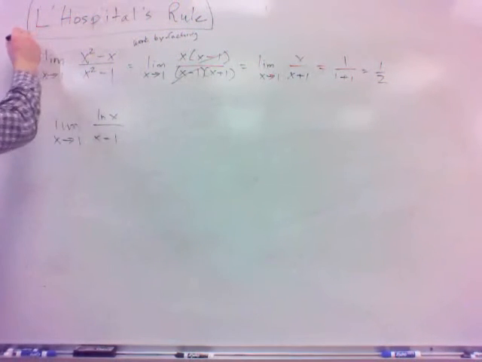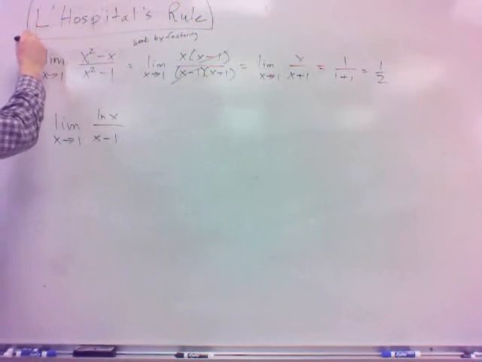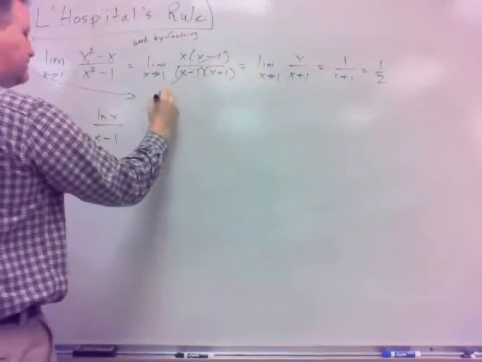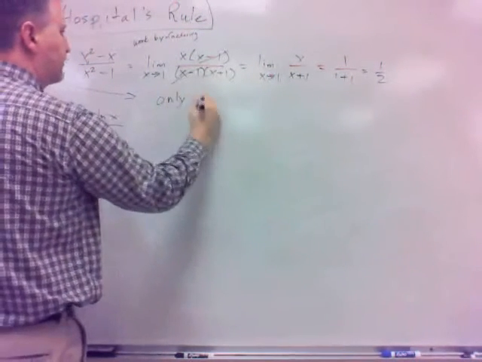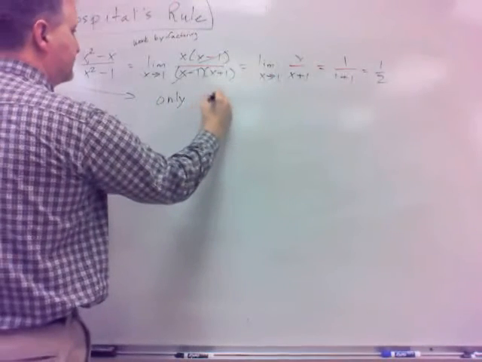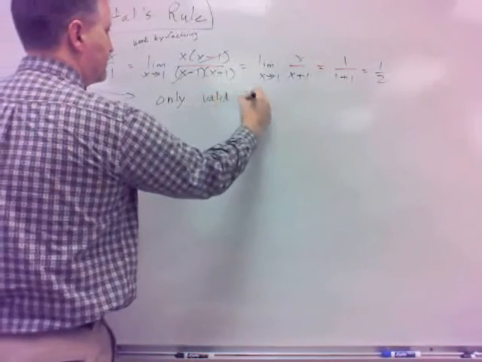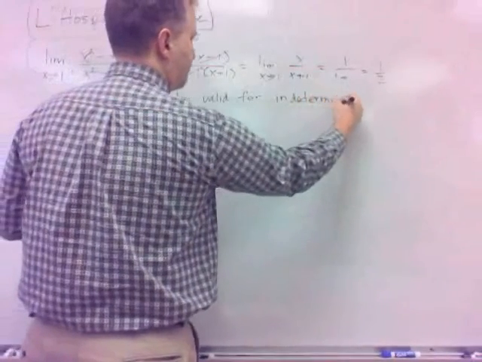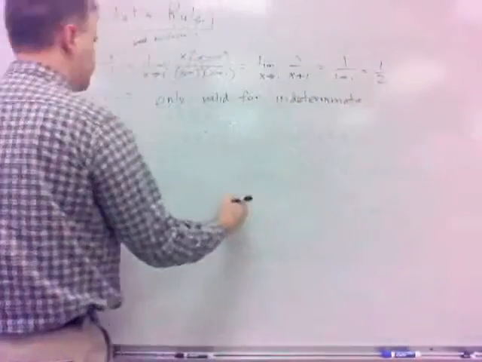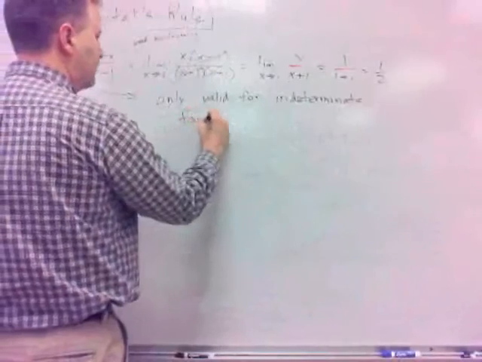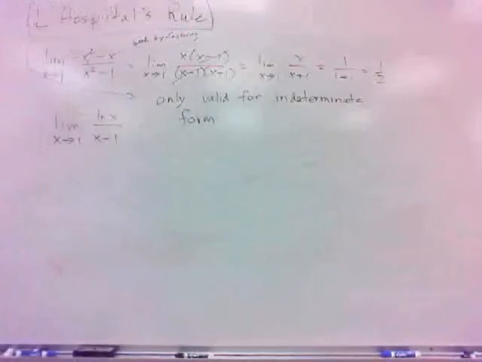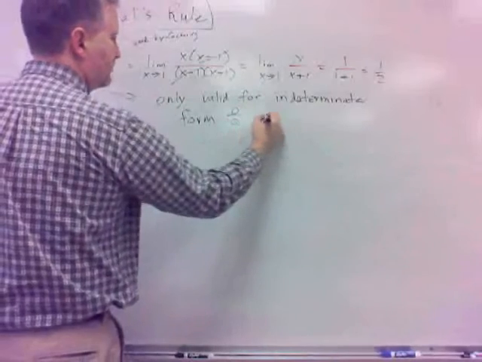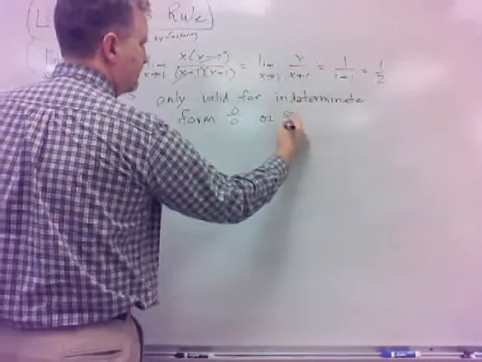L'Hôpital's rule is actually going to be valid only for certain indeterminate forms. We haven't talked about these yet, but there's two types. It's valid for the indeterminate form 0 over 0 or infinity over infinity.